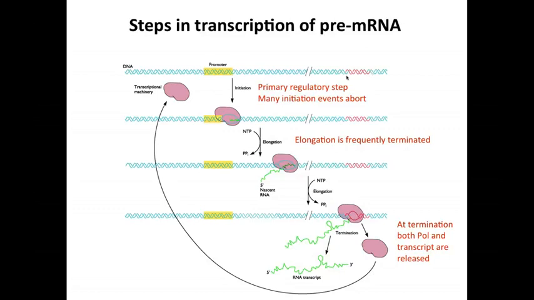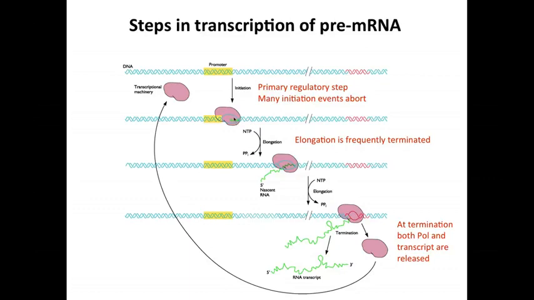There is a specific termination sequence shown in red here. The transcriptional machinery, which includes the enzyme Pol 2 as well as many other proteins, binds to the promoter, and that is the initiation step. And we'll talk exactly about what happens during initiation. This is the primary step for regulation of transcription. We'll talk a bit about how that works as well.